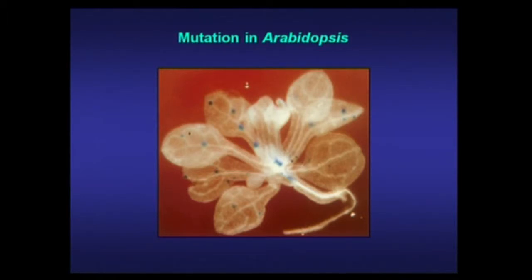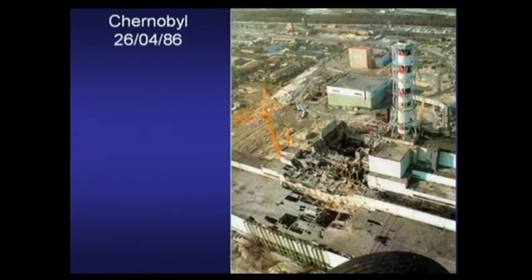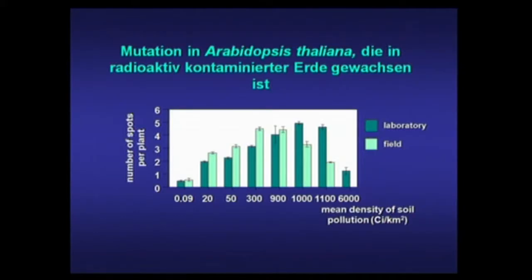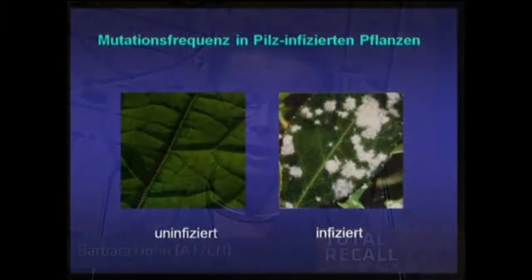So this is a test for genetic stability. We use this test, just as an example, to see if Chernobyl and the radiation there is detrimental to plants. And we found that it causes mutation, that it is mutagenic. We were using a living plant to prove the mutagenicity of radioactive irradiation and to show that it's harmful.